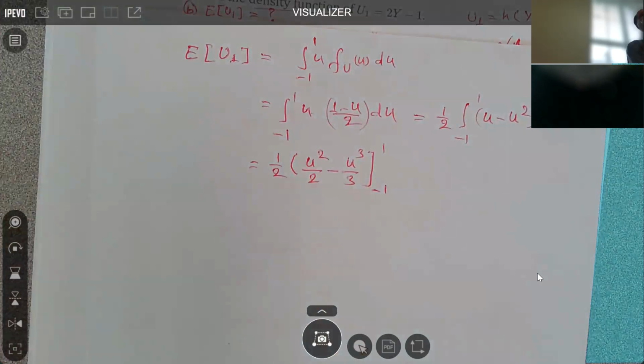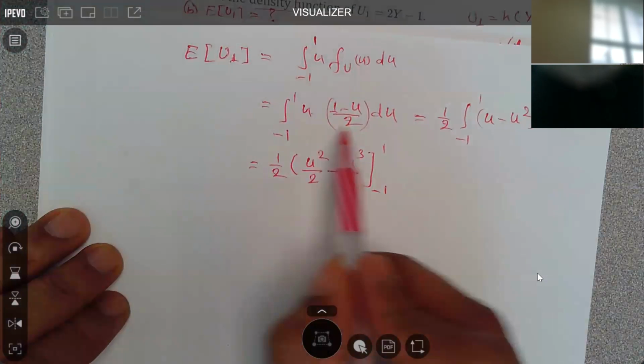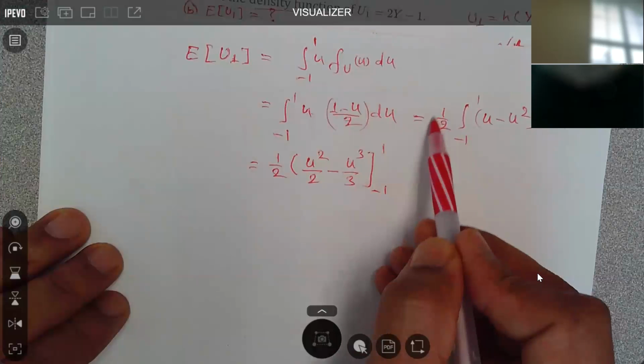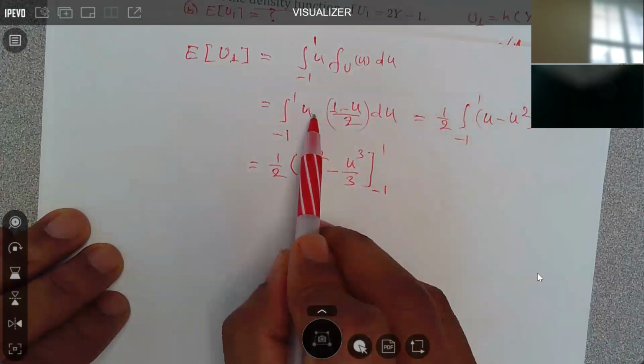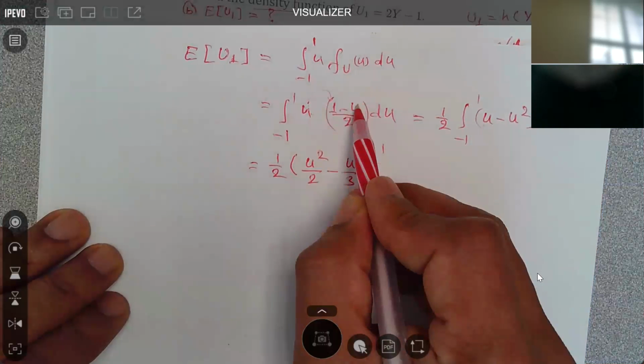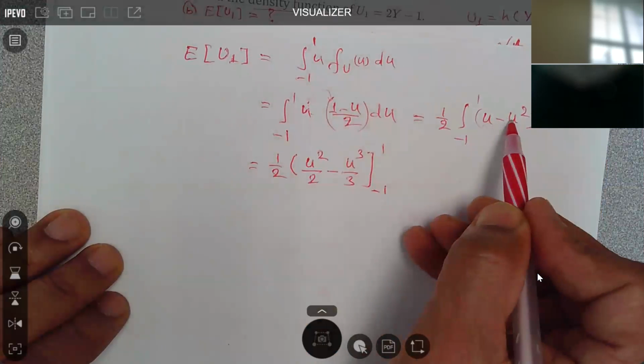Now you see, this 1 over 2 I put outside here. Now you distribute: you multiply u by 1 and you multiply this negative u by u, giving u square.